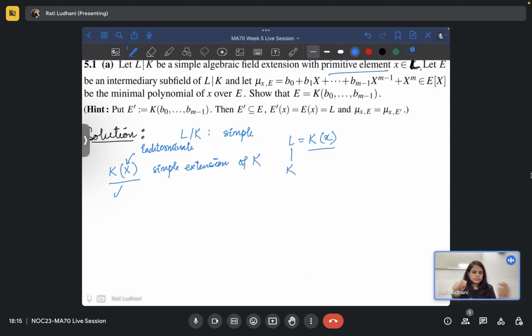We have used this round bracket, which means we are allowing rational functions, like f(x) by g(x), where g(x) is non-zero. We are adding inverses, right? So this is also a simple extension. Actually, K(X) is a field containing the polynomial ring K[X]. Actually, it is the quotient field of the given K[X]. Yeah, quotient.